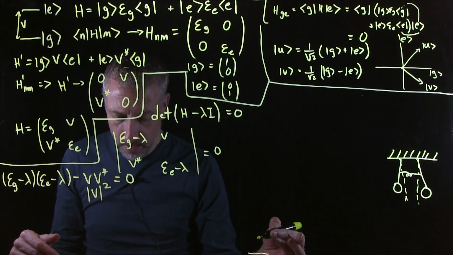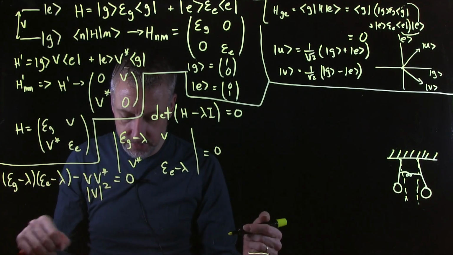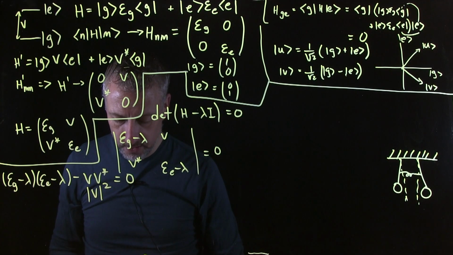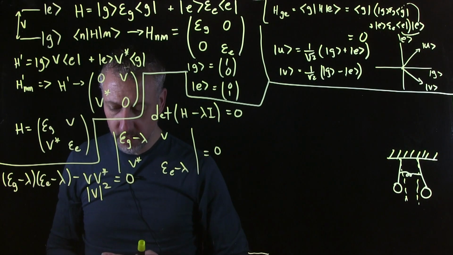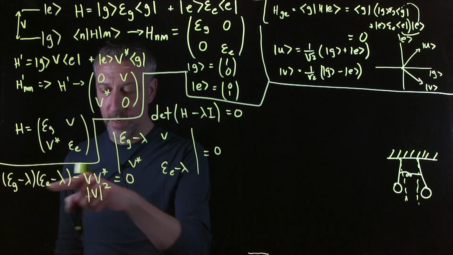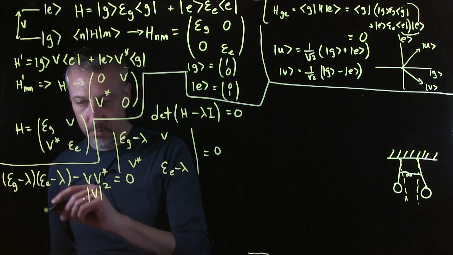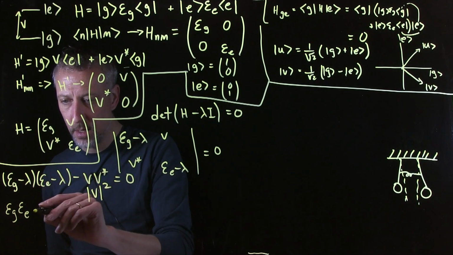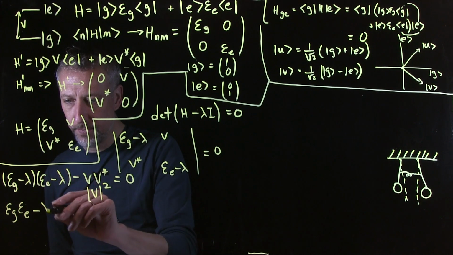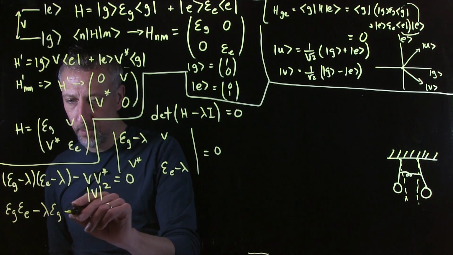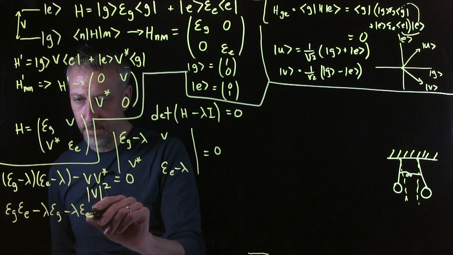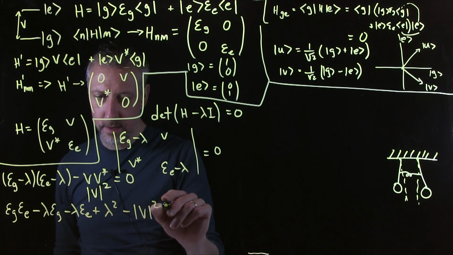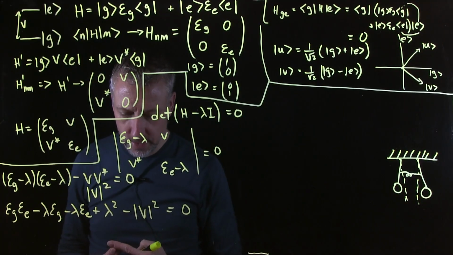So that's no big deal. But I'll leave the bars there just to remind ourselves that the V can have complex contribution to it. All right, so when we work this out, we expand out this product here, and we'll get epsilon g epsilon e from these two, minus lambda epsilon g, minus lambda epsilon e, plus lambda squared, minus v squared equals 0. Okay, so that's that.